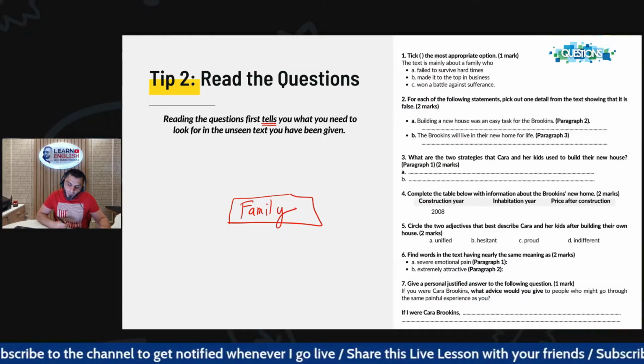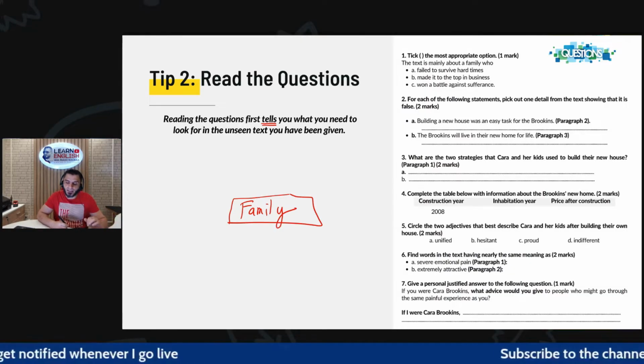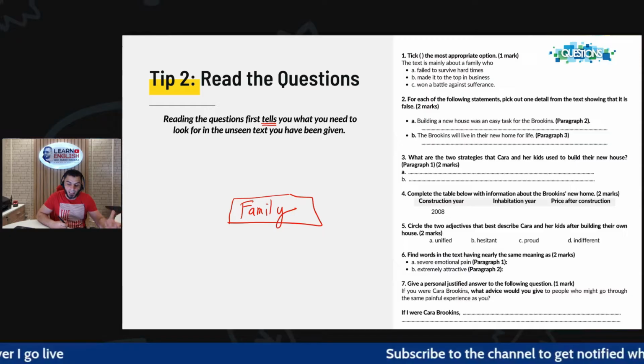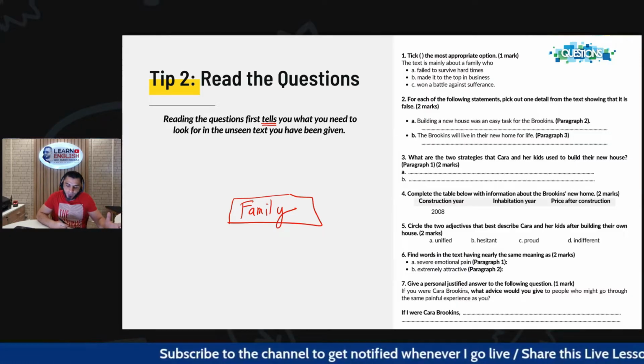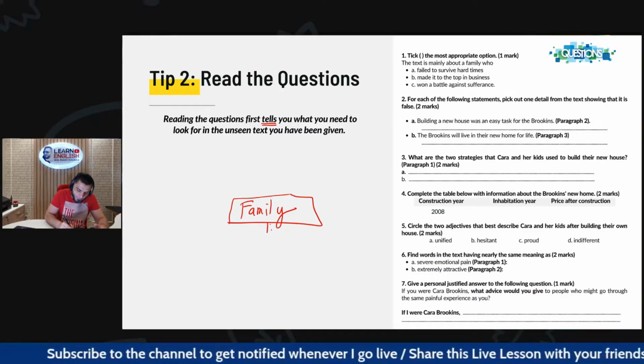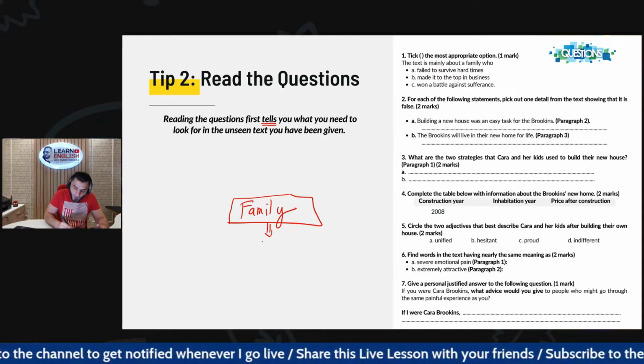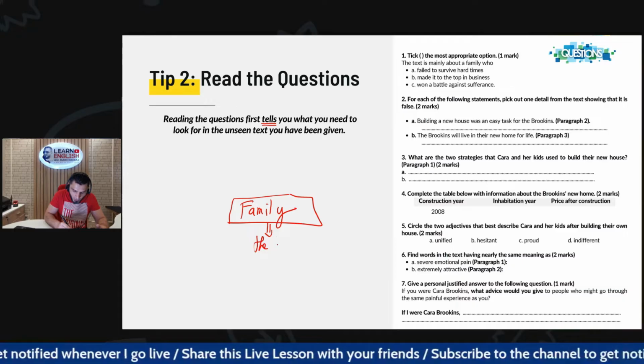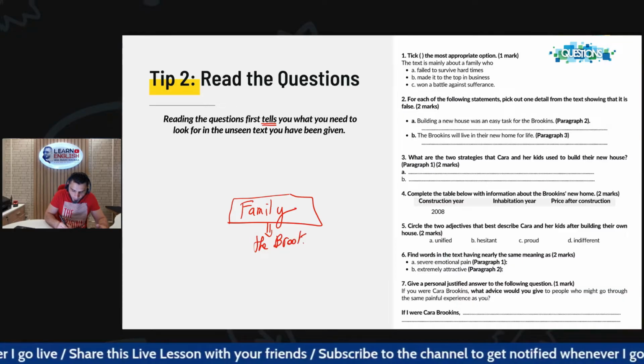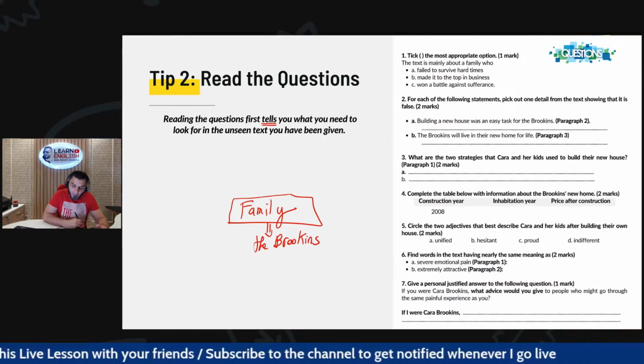Building. So for each of the following statements, pick out one detail from the text showing that it is false. Building a new house was an easy task for the Brookins. So here I have new information. The family is called the Brookins.